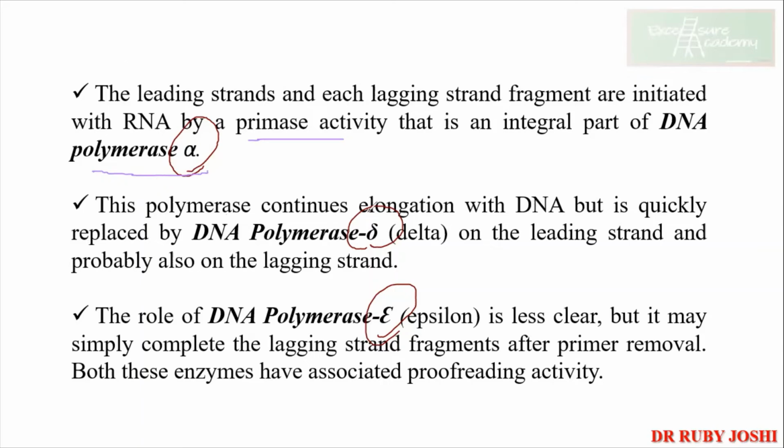Now this polymerase continues elongation with DNA, but it is quickly replaced by delta. Okay, on the leading strand and also on the lagging strand. Now the role of DNA polymerase epsilon is less clear, but it may simply complete the lagging strand fragments after the primer removal. Both these enzymes have associated with the proofreading activity.